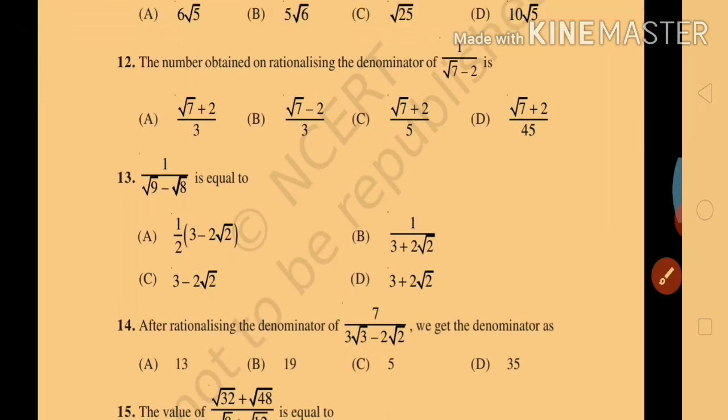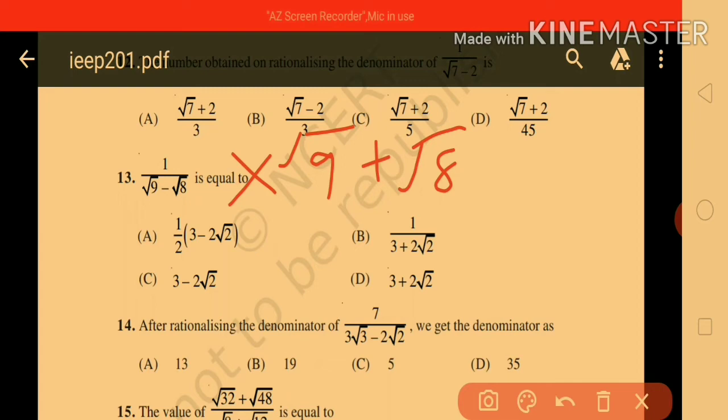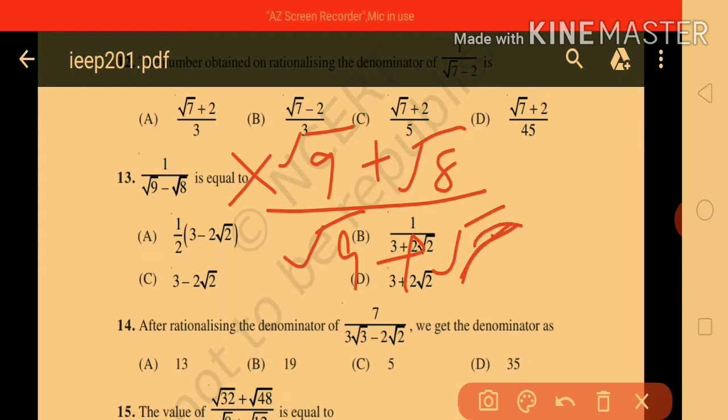Okay, now come to the next question. Again we have to rationalize and find the value. Take the rationalization, root 9 plus root 8. We will just change the sign in between them, and with the same number, root 9 plus root 8, we will multiply and divide, right? In the numerator we will get root 9 plus root 8, and in the denominator we will get 9 minus 8, which is 1, so we have root 9 plus root 8.